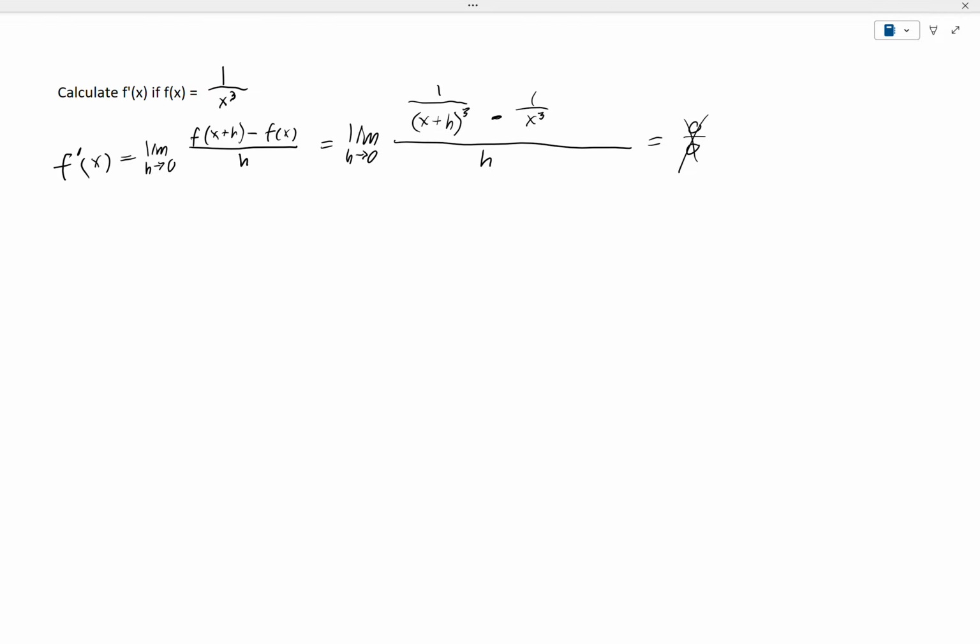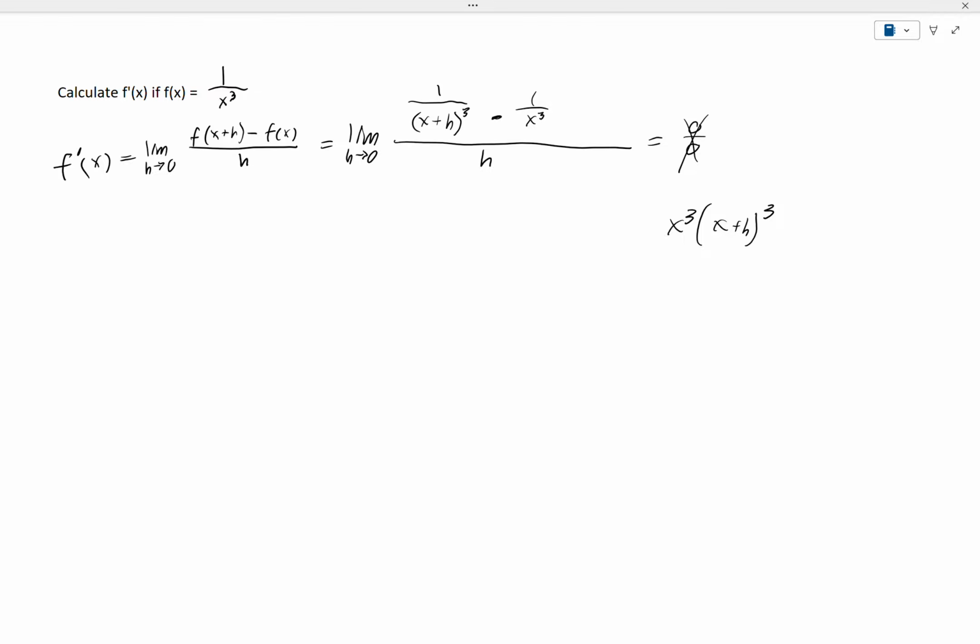So the fact that we have a fraction within a fraction is a good indication that in order to remedy this indeterminate form, we're going to want to find a common denominator within our fractions up here. An easy common denominator is going to be x to the third times x plus h to the third. It's just the product of the two different denominators.